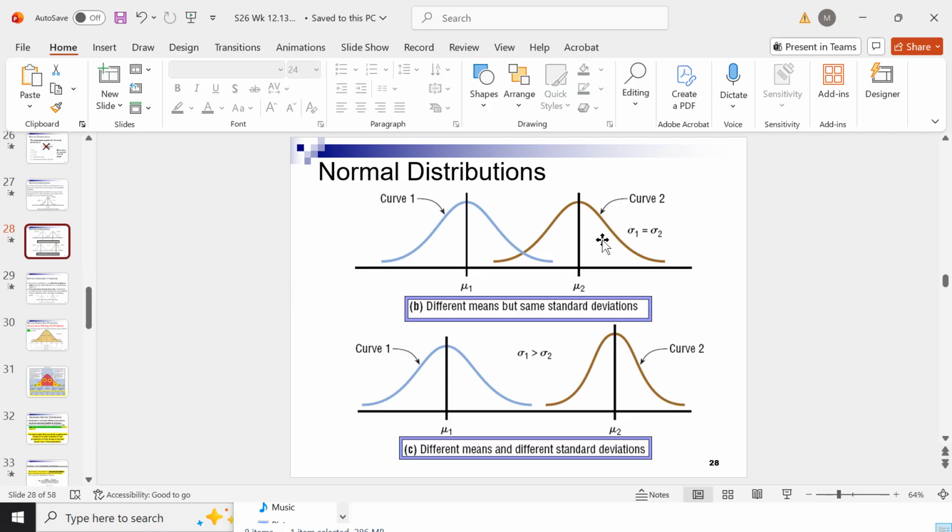You're taking two different populations that you previously could not examine or compare because they have different means and different standard deviations.